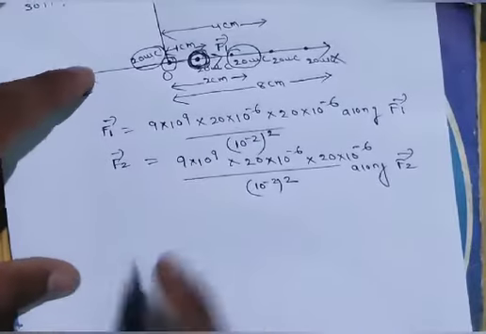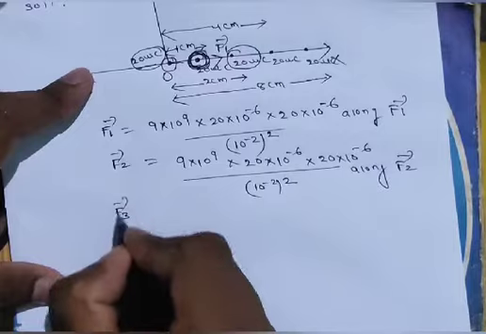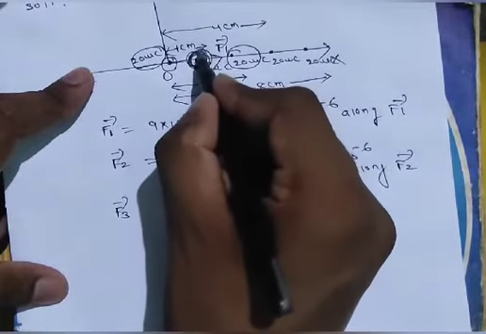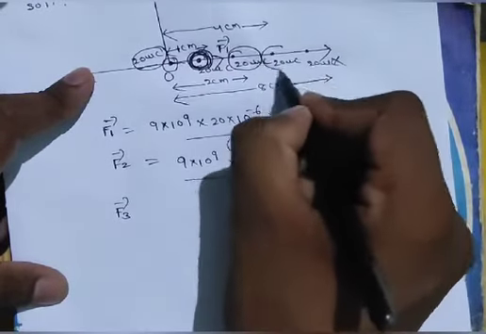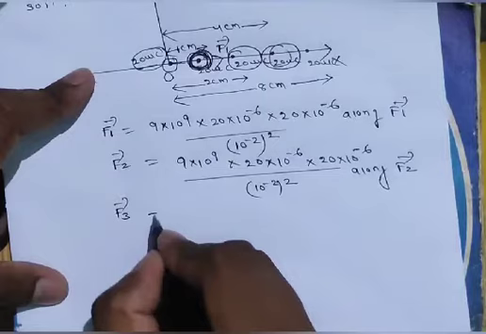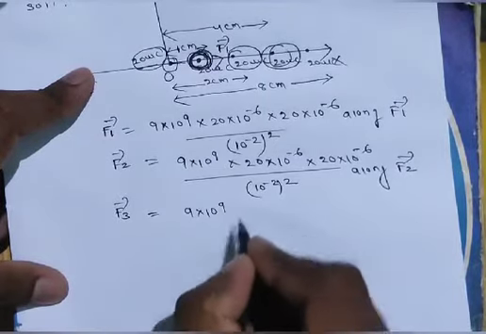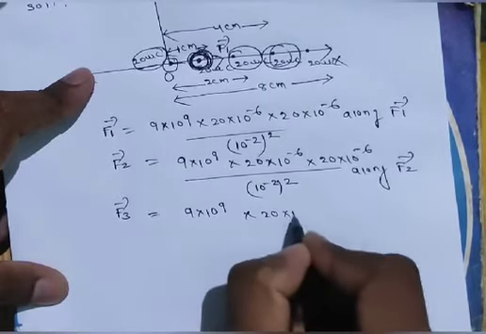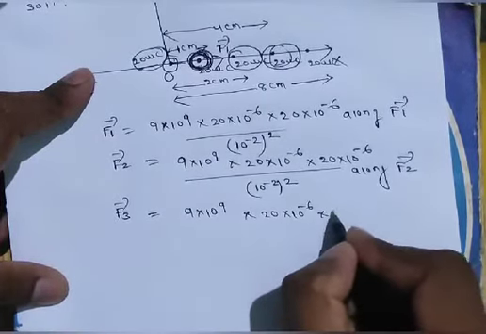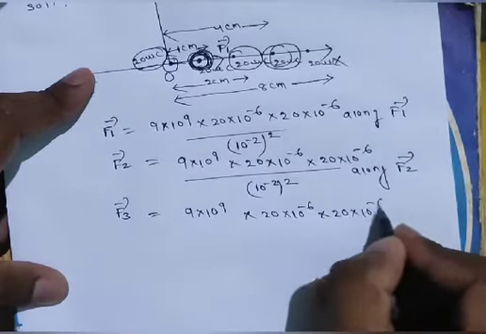So now I shall calculate F3. That is the force on this 20 microcoulomb due to this 20 microcoulomb charge. It will be 9 into 10 to the power 9, Q1 is 20 into 10 to the power minus 6 coulomb, Q2 is also the same, 20 into 10 to the power minus 6 coulomb.